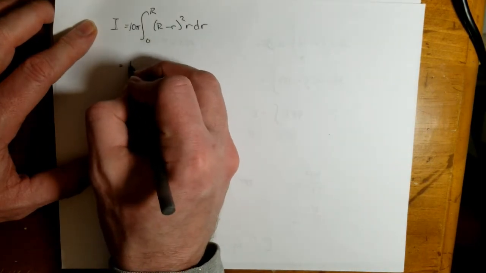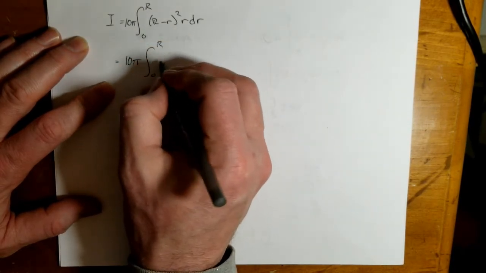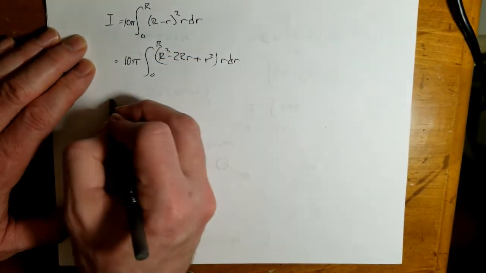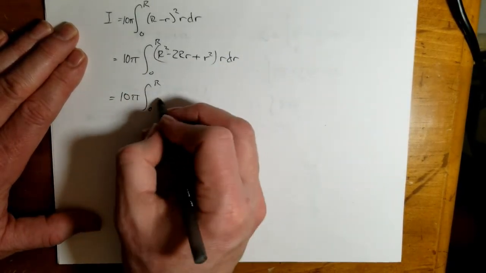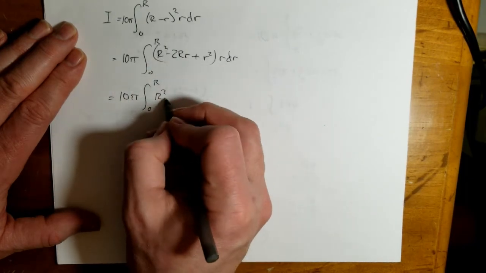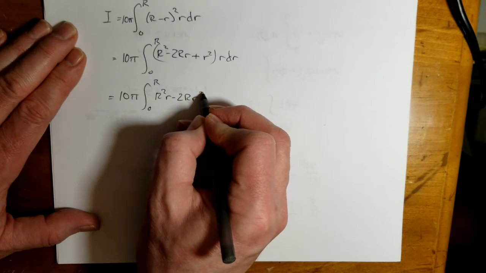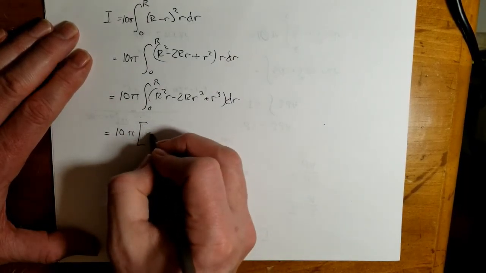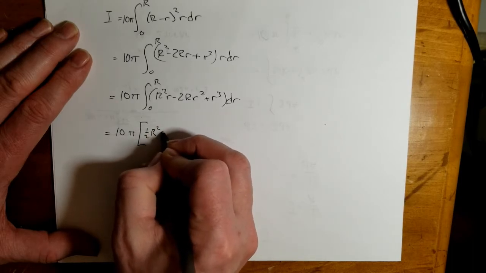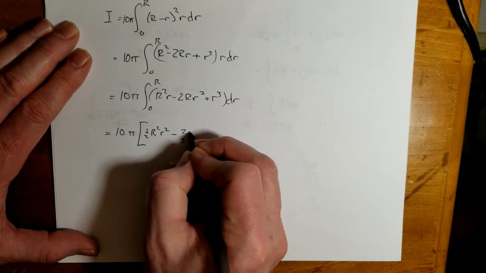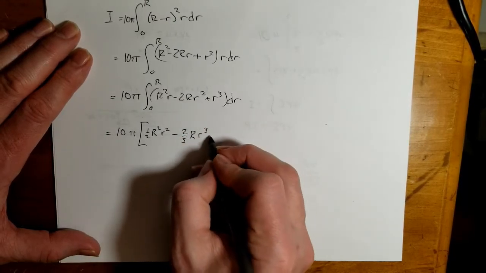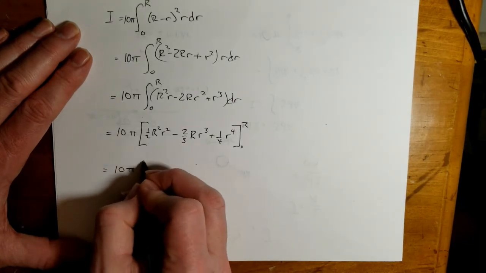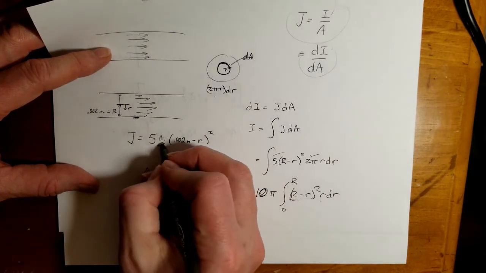And so this becomes 10 pi integral from 0 to r of r squared minus 2 big R little r plus little r squared times r dr, which becomes 10 pi times the integral from 0 to r, multiplied out, r squared r minus 2 r squared plus r cubed dr, which is 10 pi times 1/2 big R squared little r squared minus 2/3 big R little r cubed plus 1/4 little r to the 4th from 0 to big R. And we've got 10 pi times, that should be meters to the 4th power.